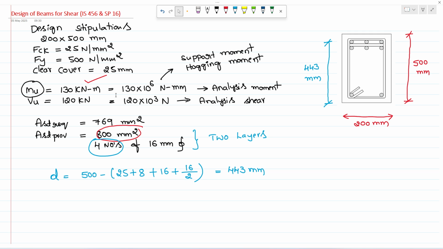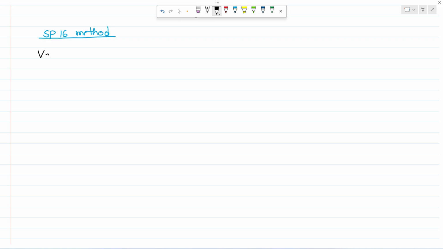Now we will discuss SP16 method. For which we know the Vs value. It is 66 kilonewton.